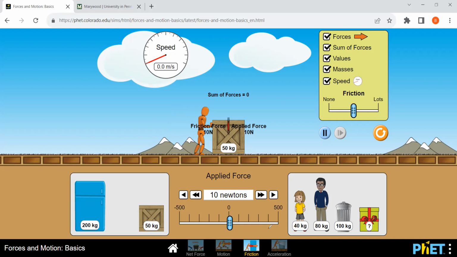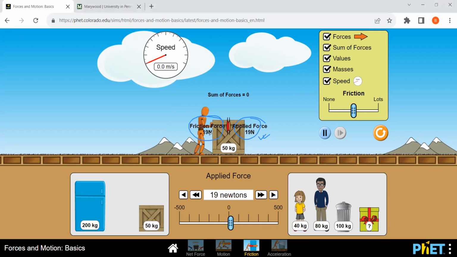Here you see that this robot is applying 10 Newton of force to the right, and because the object is not moving, this 10 Newton force is balanced by something else, the friction force. So 10 Newton is balanced by 10 Newton. Now let me increase it.